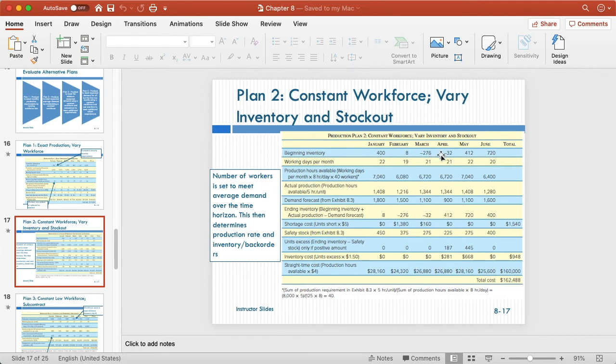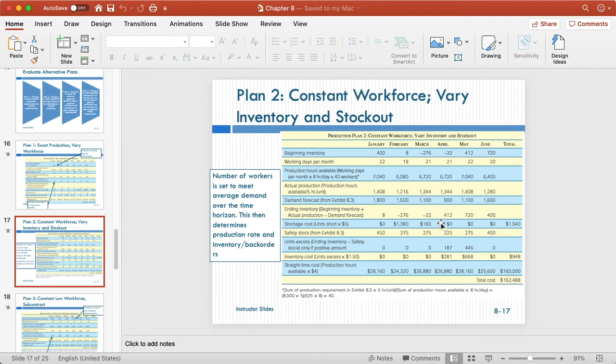And that's why you see the beginning inventory of March is a negative amount. And you use the same fashion. Basically, in March when you produce, some of the amount is compensated for the previous amounts. So you still use the beginning inventory plus the production amount minus demand forecast.